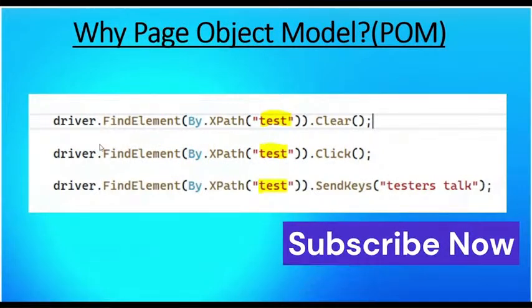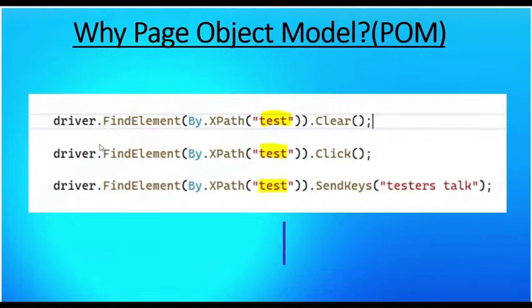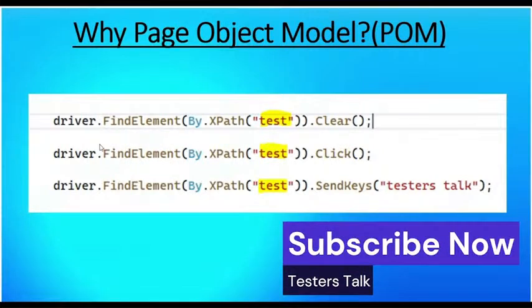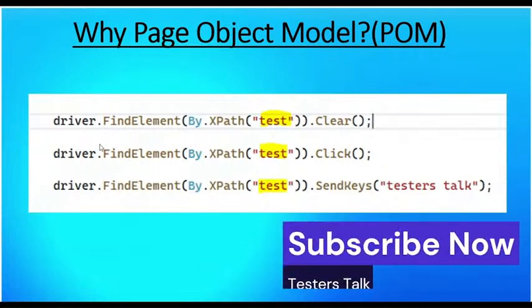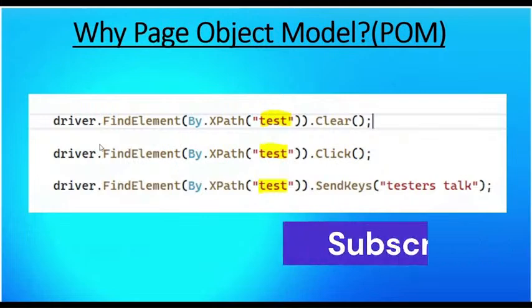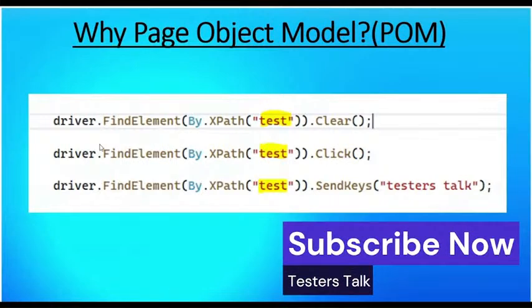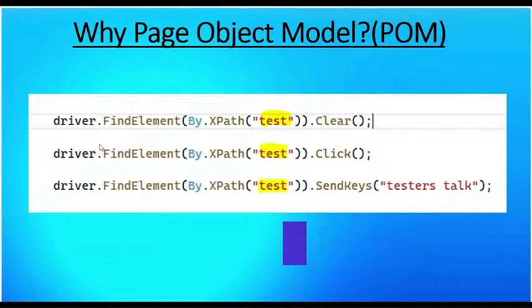Let's assume we have 100 test scripts or 100 step definition classes. Wherever we need to perform an action on the element, we might have done it in a similar fashion, right? So tomorrow the developer will come to you and ask you to run the test suite, right?